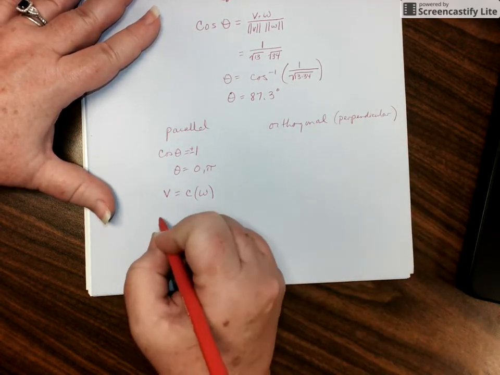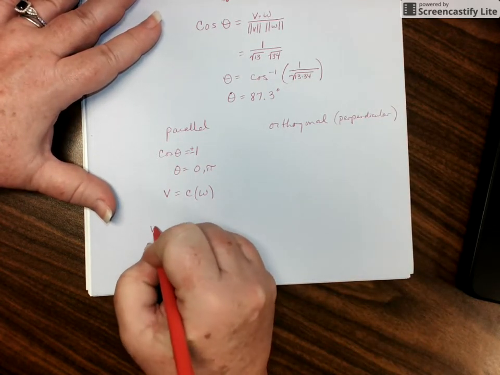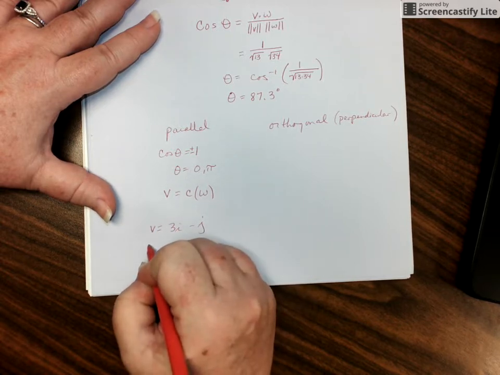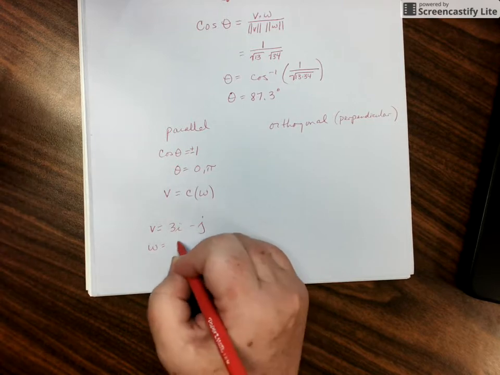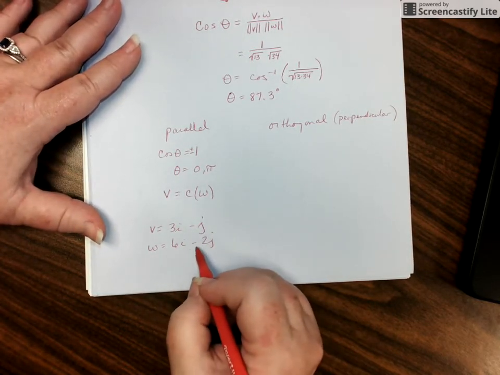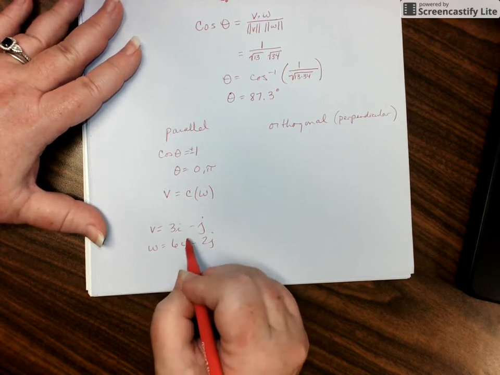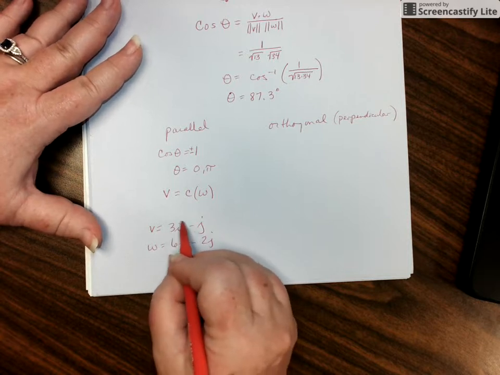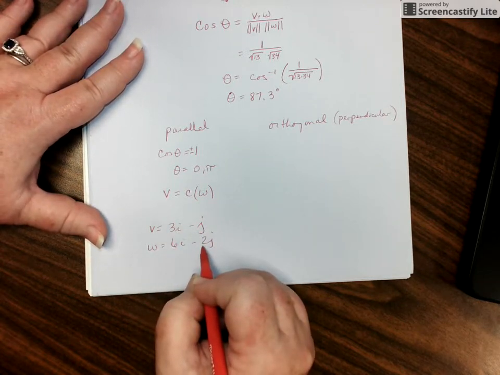A quick example of that would be if vector v was 3i minus j and vector w is 6i minus 2j. You recognize here that a scale factor of 2 times vector v is equal to w.